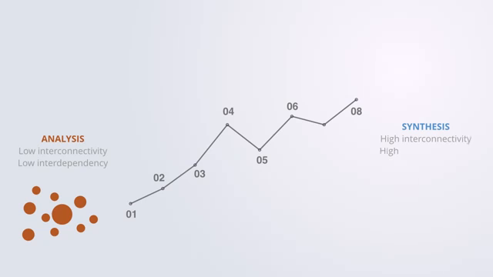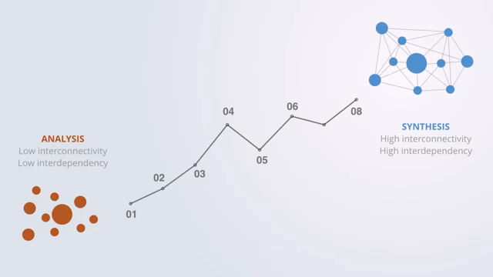Thus, analysis works well when there is a low level of interconnectivity and interdependencies within the system we are modeling. Although this may be true for some systems, it is certainly not always the case. Many of the systems we are interested in describing have a high level of interconnectivity and interdependency, examples being ecosystems, computer networks, and many types of social systems.